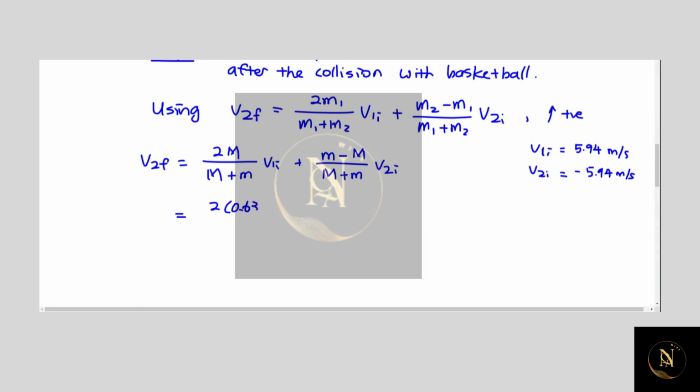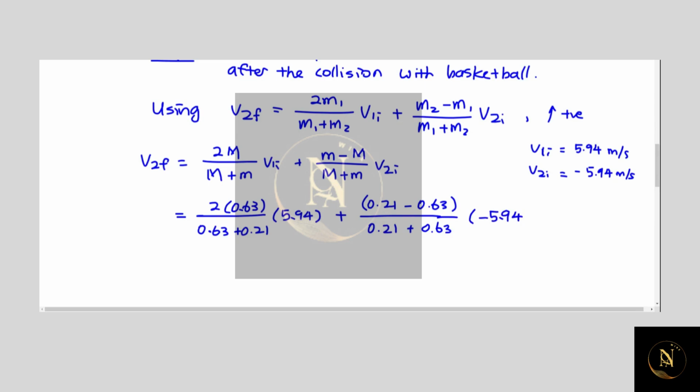So you substitute the numbers: 2 times 0.63 divided by (0.63 plus 0.21), times 5.94, plus (0.21 minus 0.63) times negative 5.94.